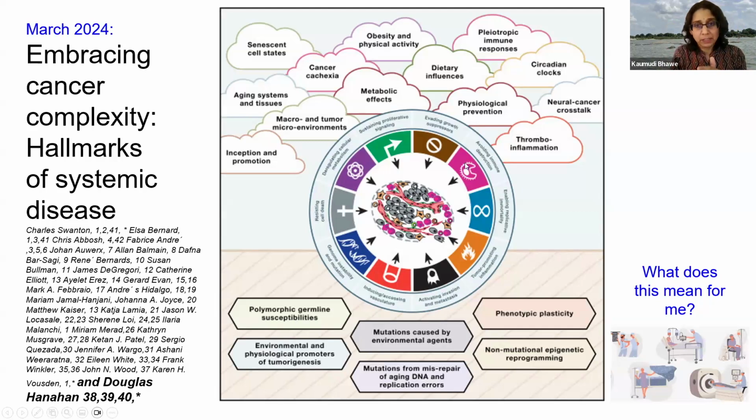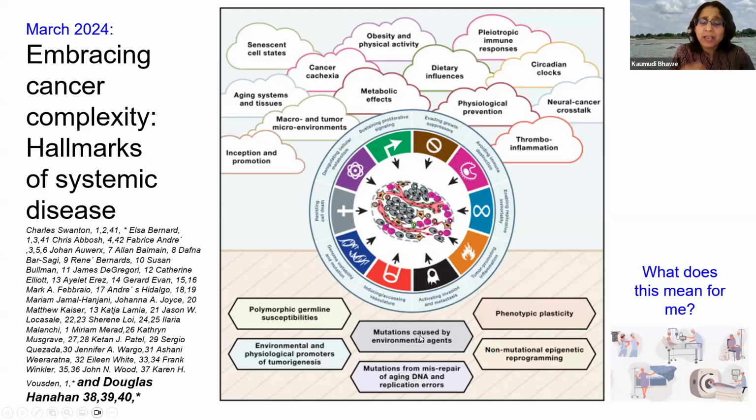They're saying that, yes, you have this wheel of those hallmarks, which happens to be, I think one of the previous speakers had used her word, terrain. So I'm going to leave that as her word. But it happens to be in this milieu, or this larger environment, where you have polymorphic germline susceptibilities that may be in an individual.